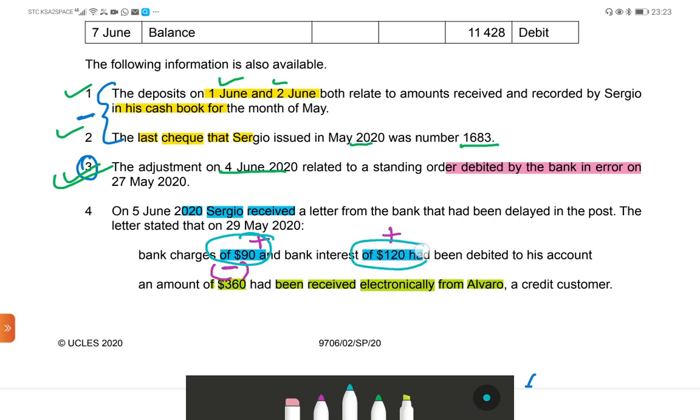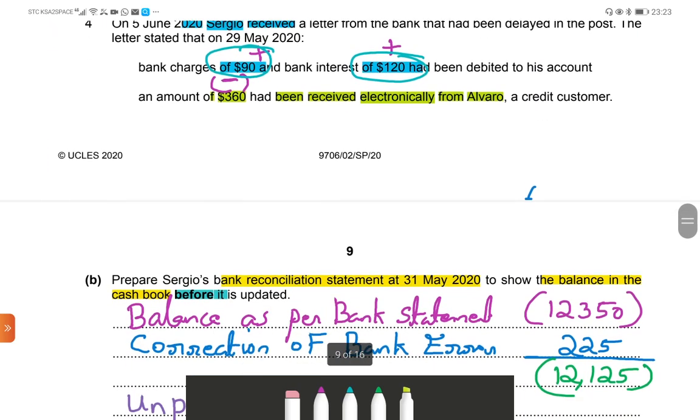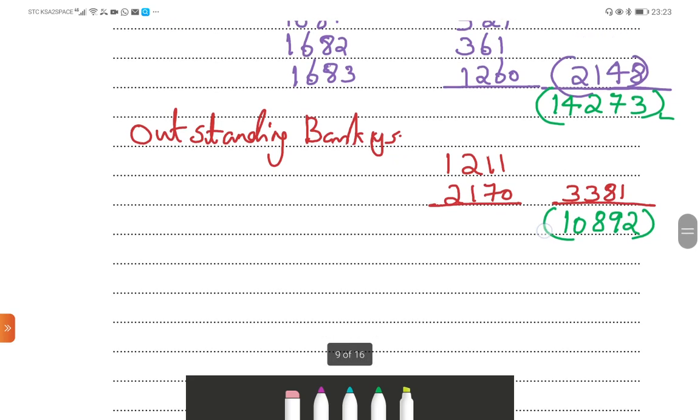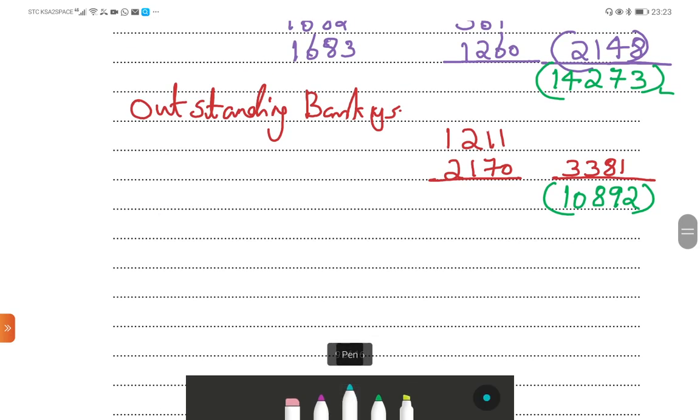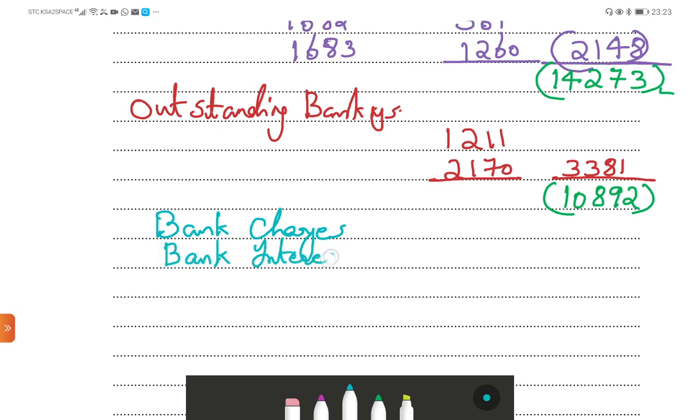So we do bank charges, then bank interest. Bank charge is 90, bank interest is 120. So the amount is 210.